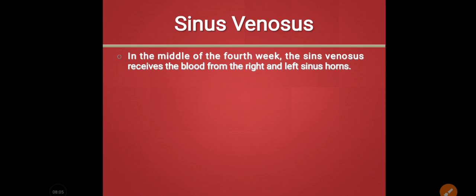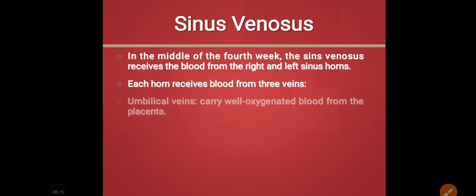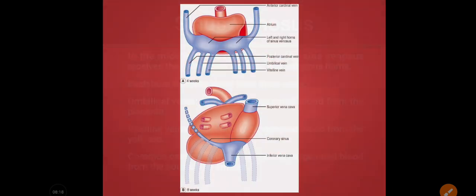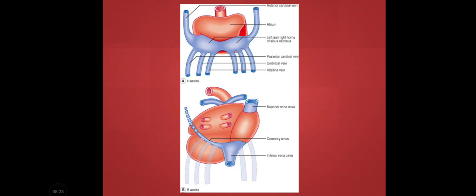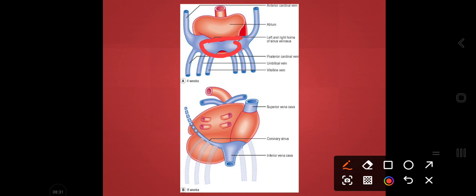So, the sinus venosus receives the blood from right and left sinus horn. This is sinus venosus. The sinus venosus receives the blood from right horn and left horn.